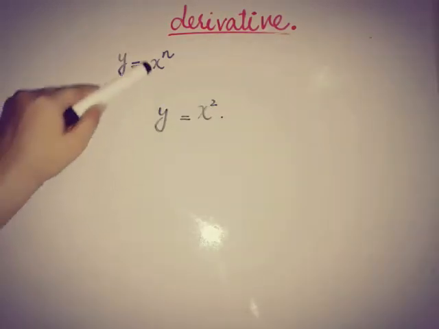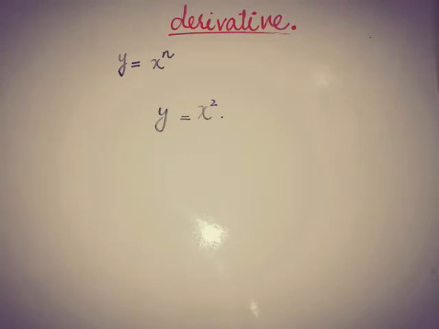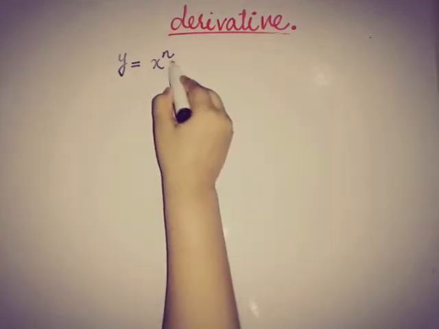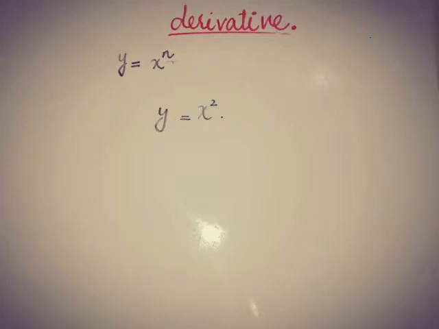But the difference between these two functions is n, because n could be any real number, which means n could be any fraction or decimal.